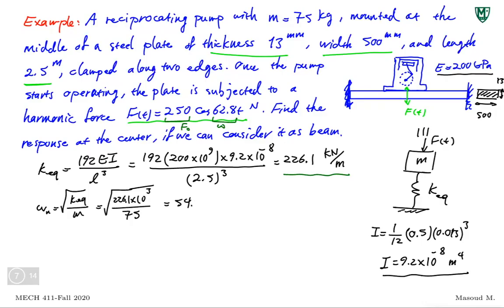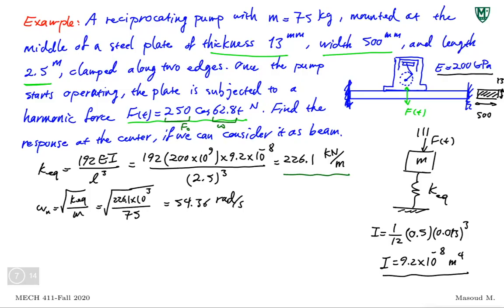That gives you 54.36 radian per second as natural frequency. 54.36, and that one is 62.8, so you're far enough. In terms of beating, how close you should be to get beating is a little tricky. But keep in mind that for beating, the system response does not change. The general form is still the same. I just rewrote that for a special case so we could take a look at what it looks like and why they call it beating, or at least what the form of it is. But generally, x(t) is the same for beating.